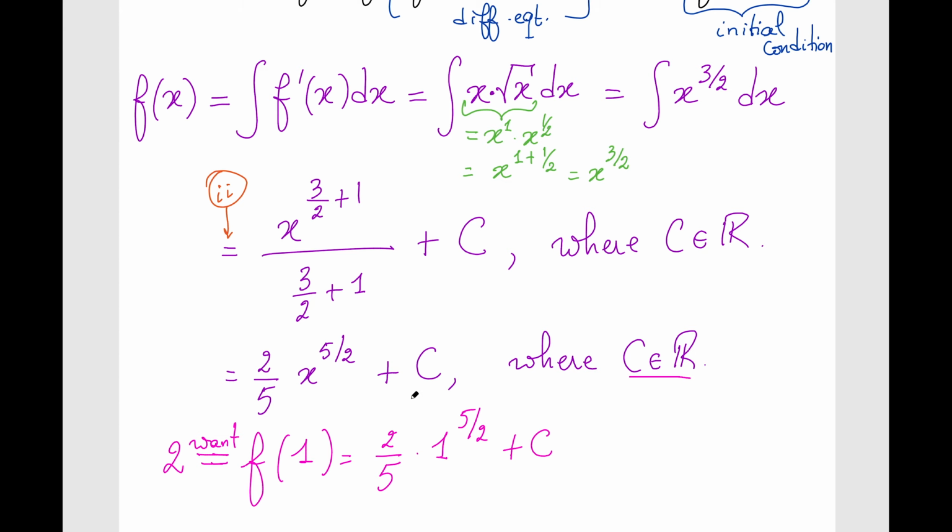So they want the one that verifies f of 1 equals 2. Well, f of 1 for any such function is going to look like 2 over 5 times 1 to power 5 over 2 plus that constant c. So look at this now. They want 2 to be this much.